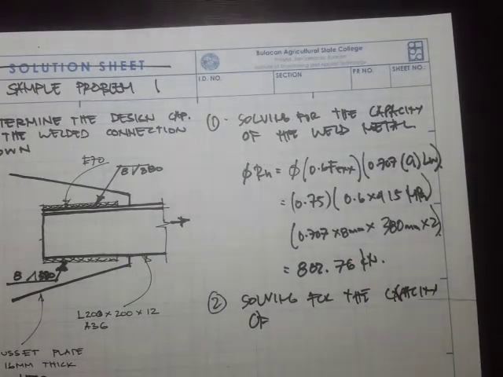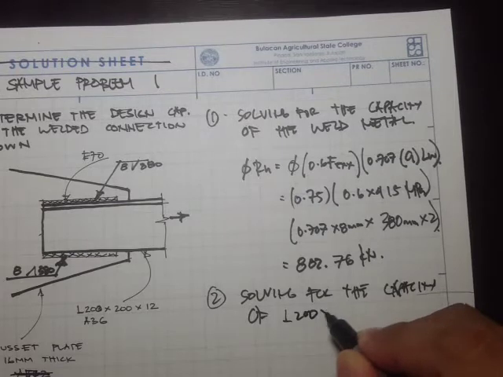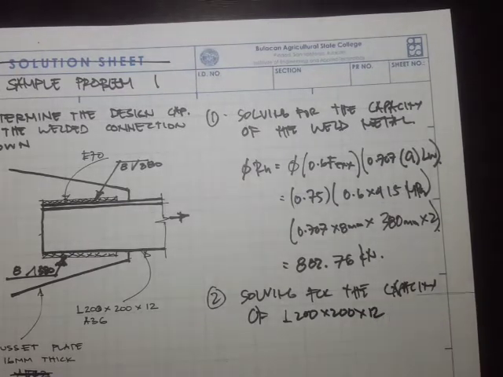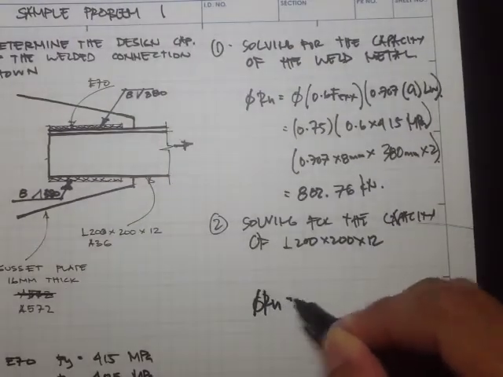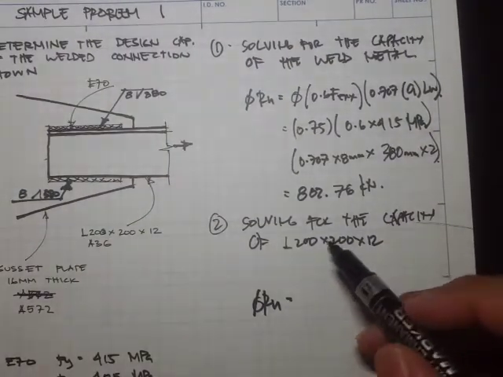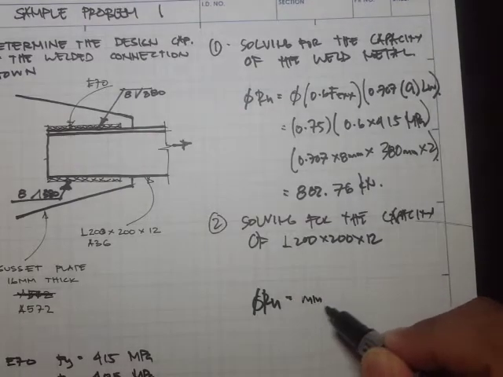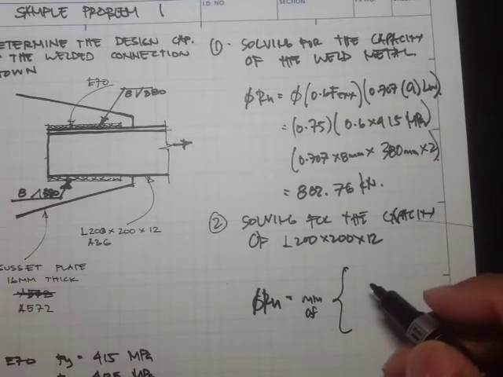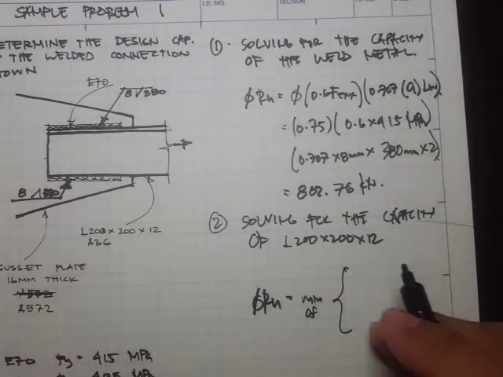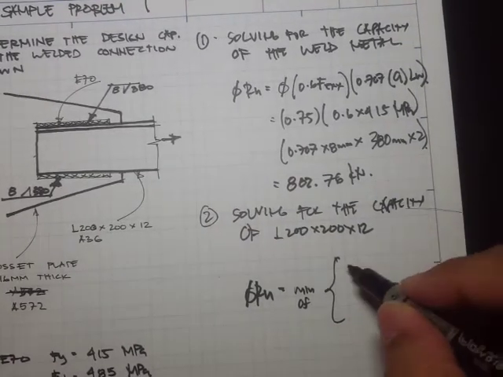So for now, let's solve the capacity of L 200 by 200 by 12. We can write it this way. Since we have two conditions for the base metal failure, we can just write the minimum of the two conditions, which are failure in shear yielding and failure in shear rupture.